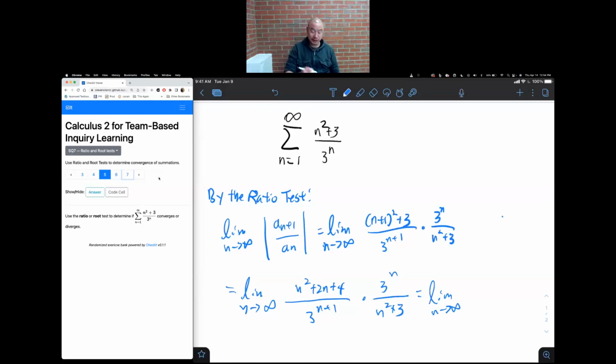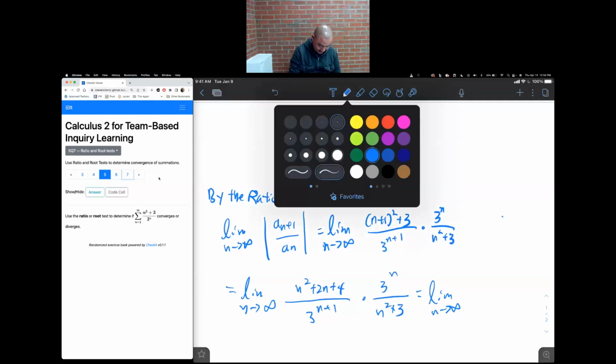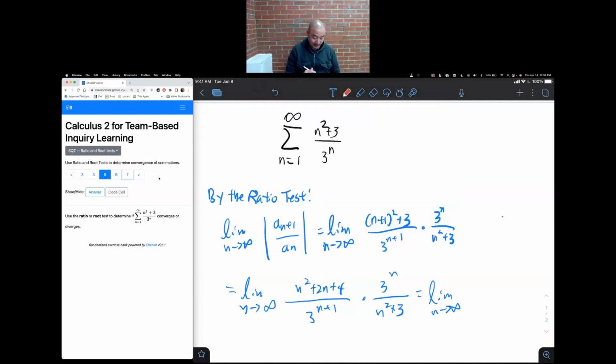Now, something we should note right away. 3 to the n is n copies of 3 multiplied together. And 3 to the n plus 1 is n copies of 3 multiplied together, and then another 3, right? N plus 1 copies of 3 multiplied together.